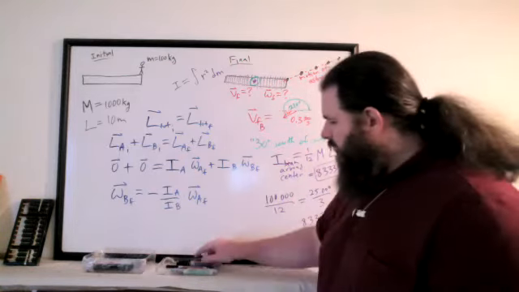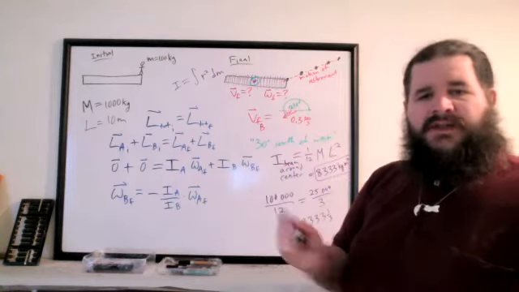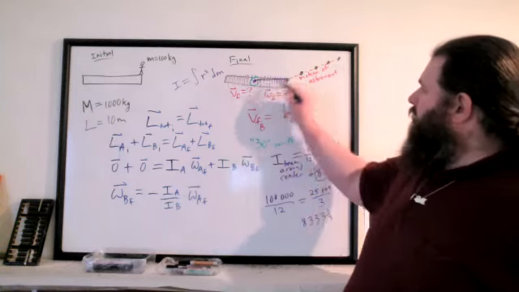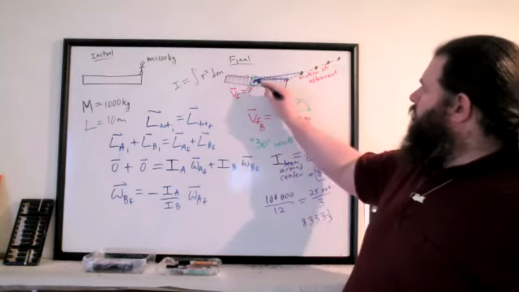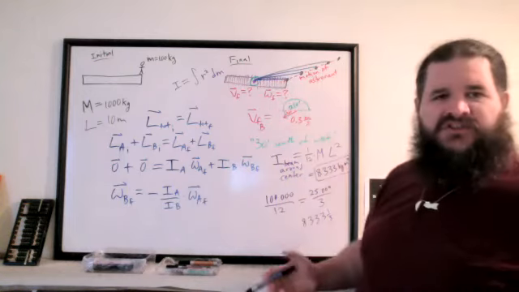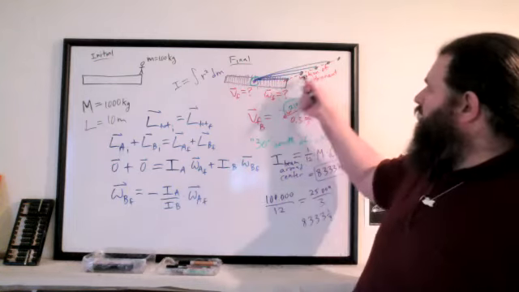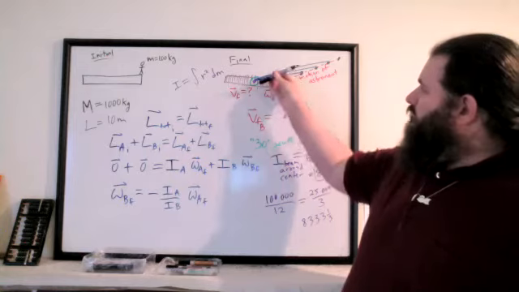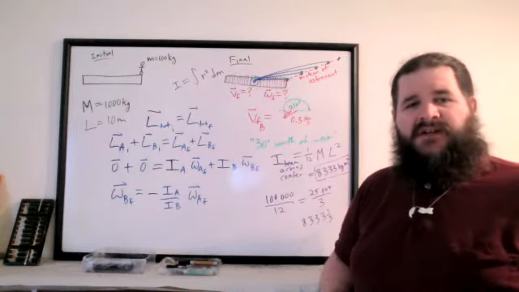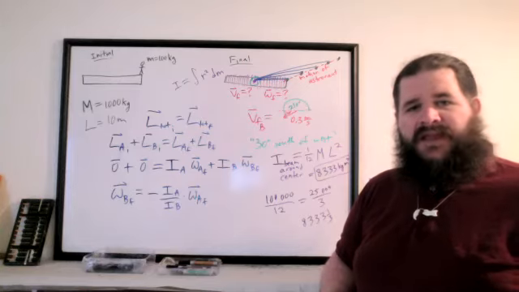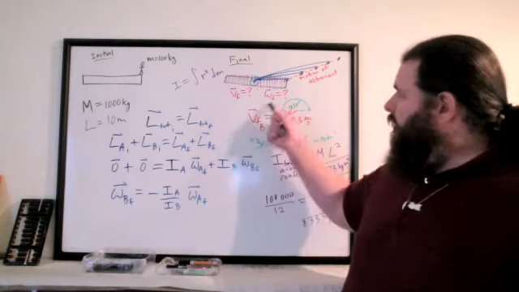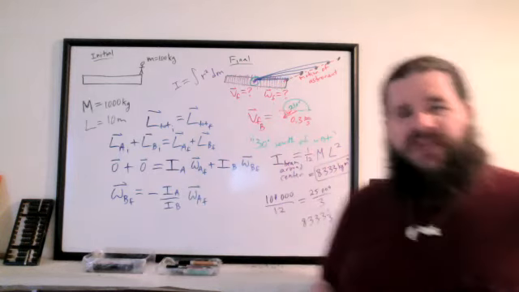As she's moving, if you trace out the line of sight from the pivot point to the astronaut, the angle is changing. Even though she's moving in a straight line, the angle she makes with the pivot point is changing as time passes. So this does technically count as angular speed. The angle is changing as time passes. That's the very definition of omega. So the astronaut does have angular speed.